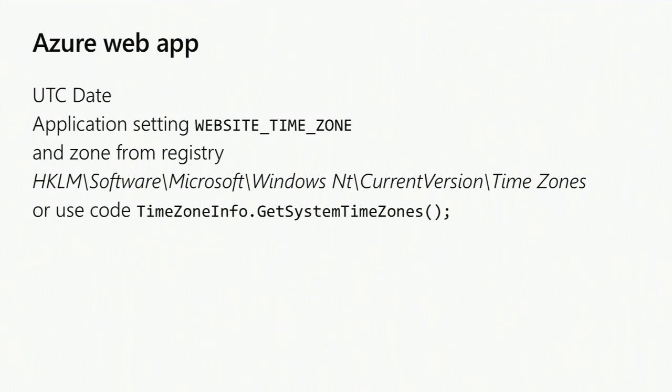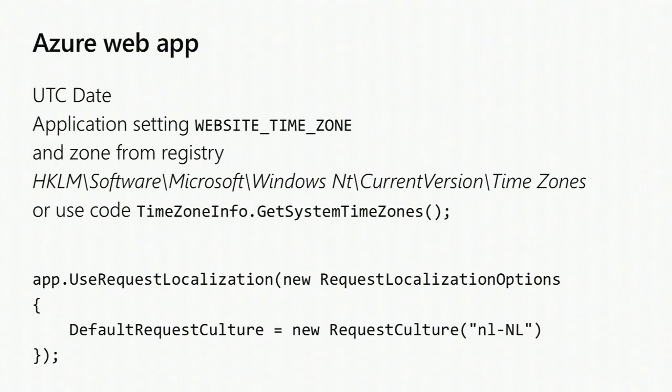This method gets system time zones. Also, if to talk not only about Azure, but about everything, you should think about request localization. You should think about default culture, because your website might show maybe time in another format and maybe something else.